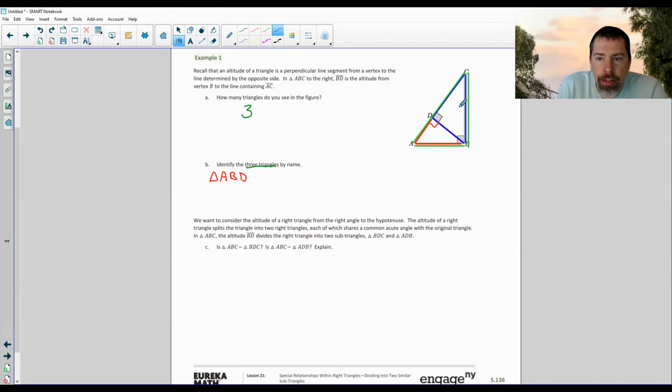So I want to say in the blue one, there are 2, 4, 6 different ways to name this triangle, but I would like to name it. I said A, B, D, so this time I'll say B, C, D. Triangle B, C, D. And then finally the big green one is A, C, B.